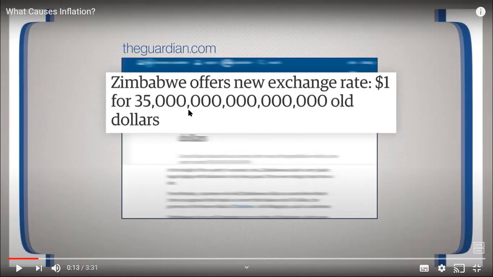Otherwise, we would be like this or even worse. It's very important we understand the value of the money that we use, because then that gives a backup for other countries to invest, to put their money in our country so we can grow our economy.